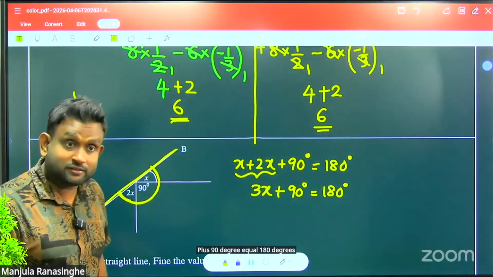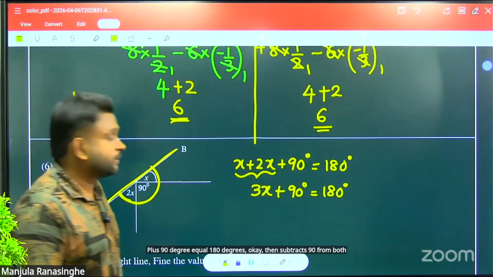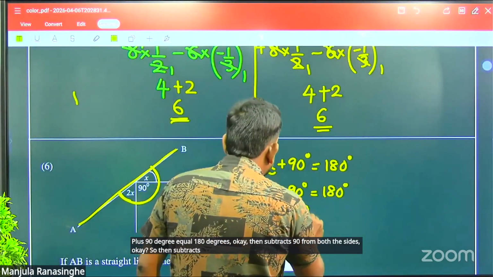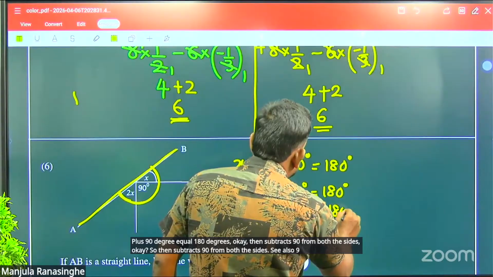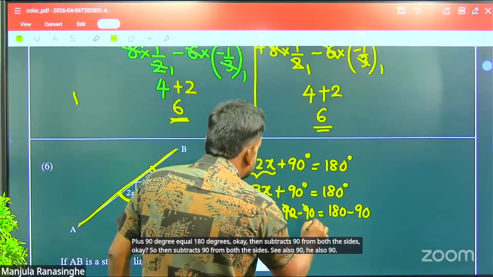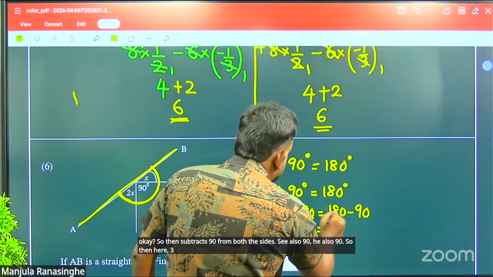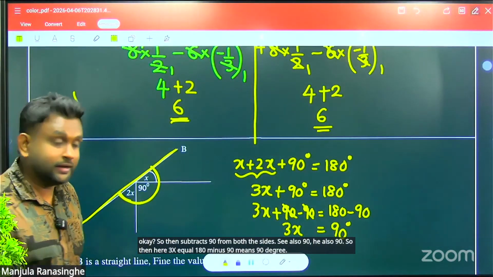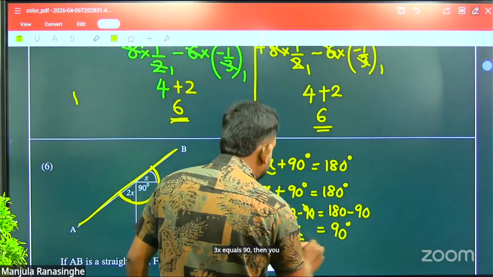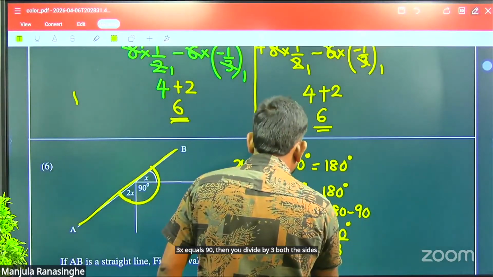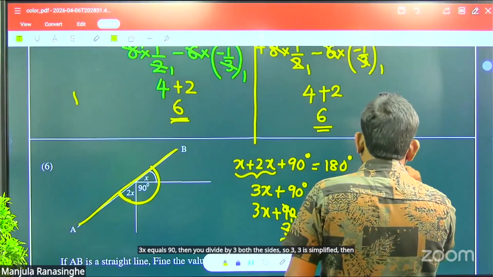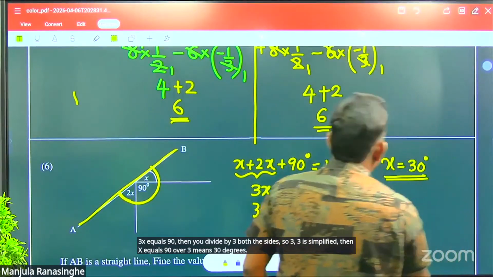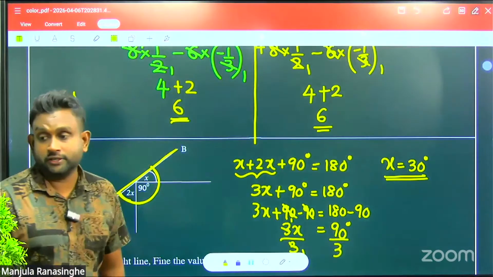Then subtract 90 from both sides. So 3x equals 180 minus 90, which is 90 degrees. 3x equals 90, then divide by 3 on both sides. So x equals 90 over 3, which is 30 degrees.